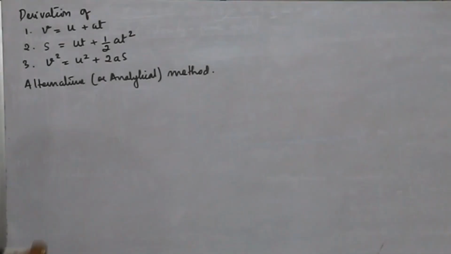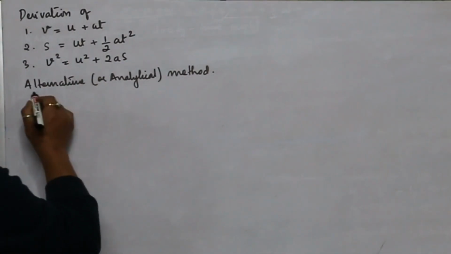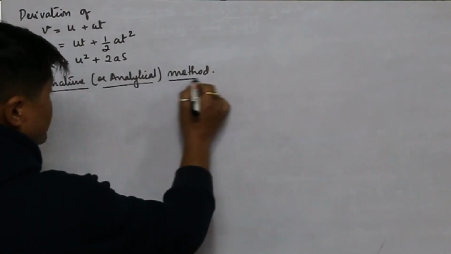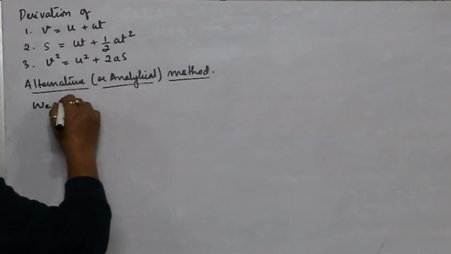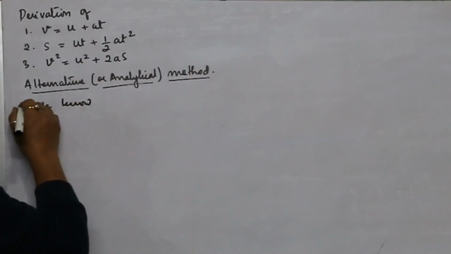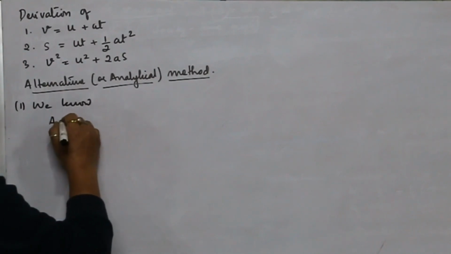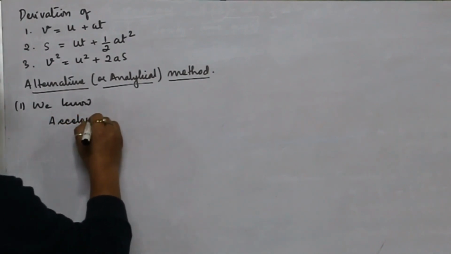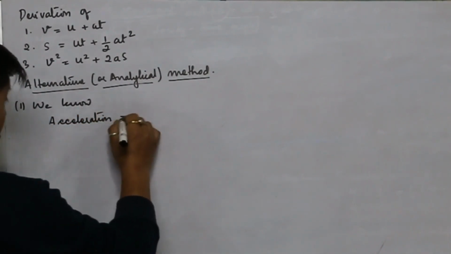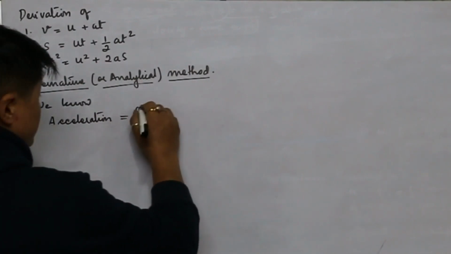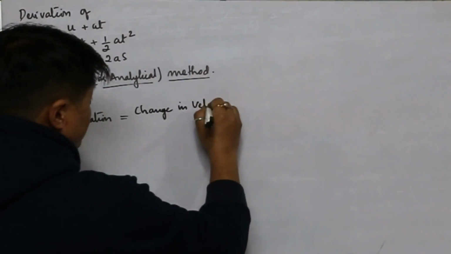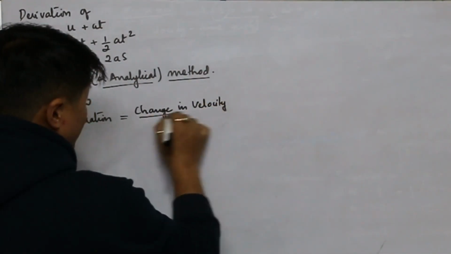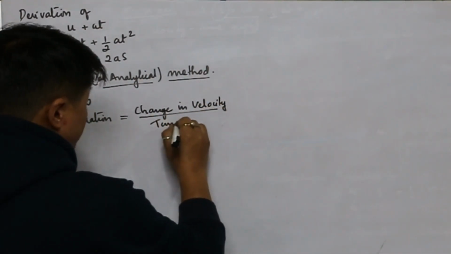Now, we will do the derivation of these three equations by the alternative or analytical method. So here, directly we will do that. For the first, we know the acceleration formula we use, that is change in velocity by time taken.